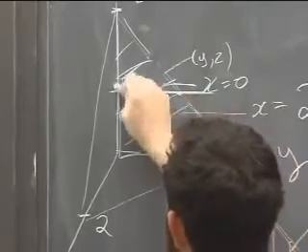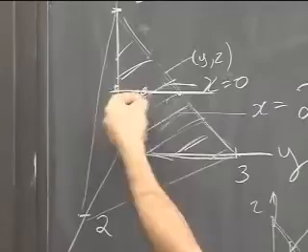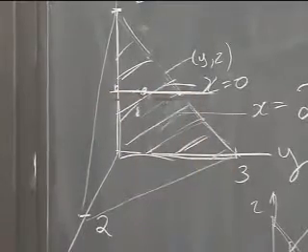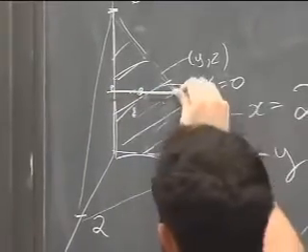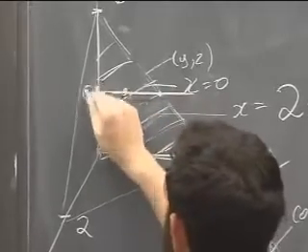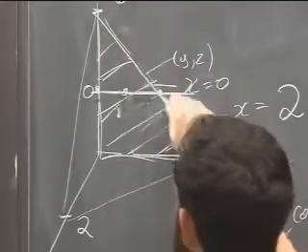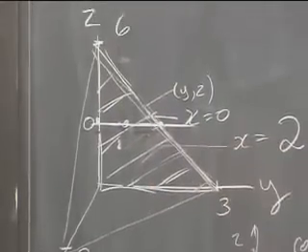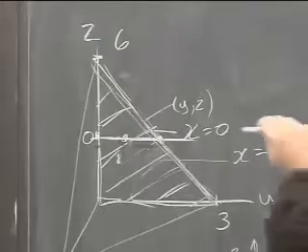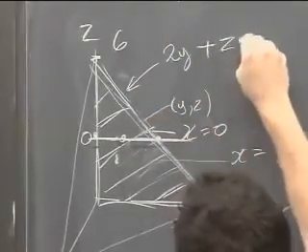Okay, how do I know that I'm correct? Because I need to fix z and let y vary. So y is the variable, because I'm doing a dy, and I need to see where I'm going here. The lowest y is 0. What is the highest y? Well, what is the equation of this line here? I need to set x equals 0, so the equation of this line is 2y plus z equals 6.